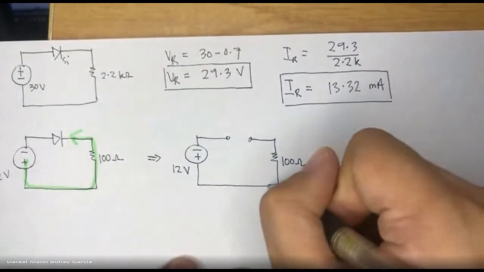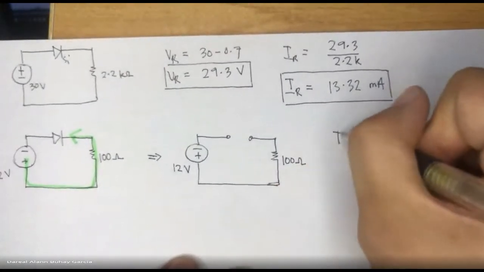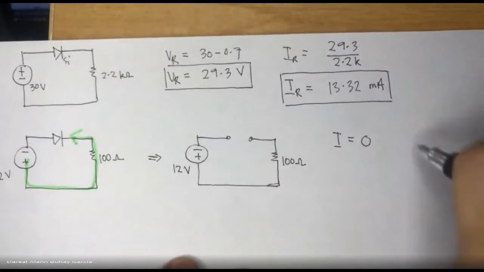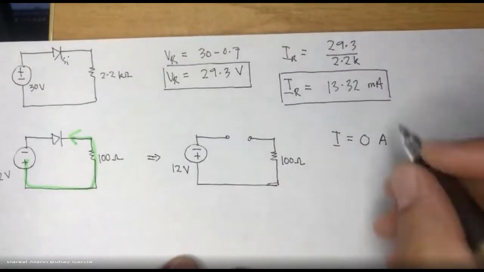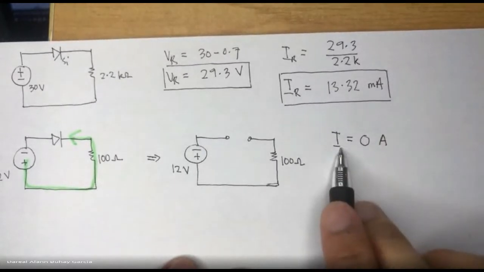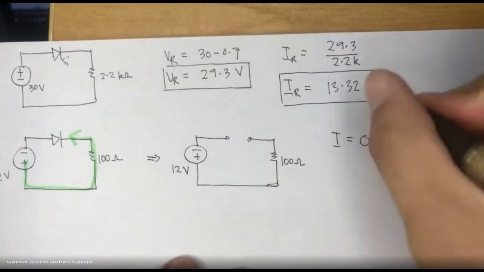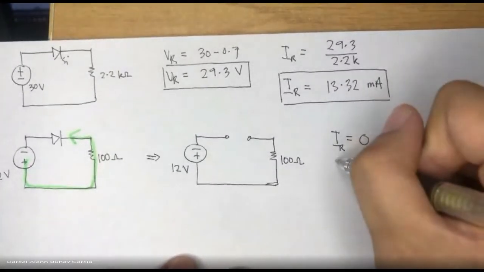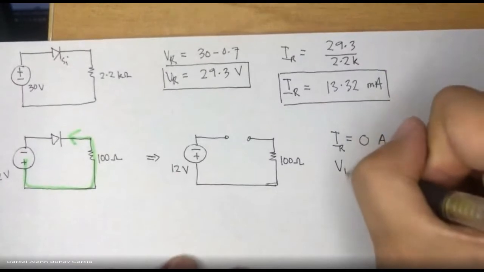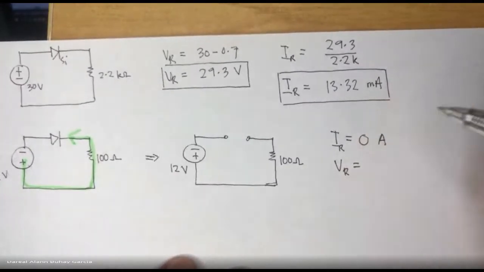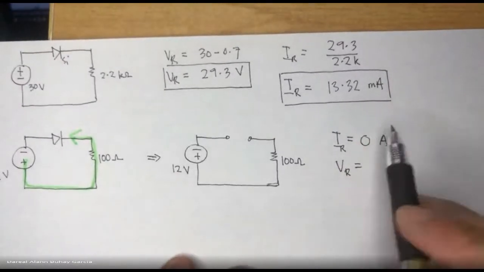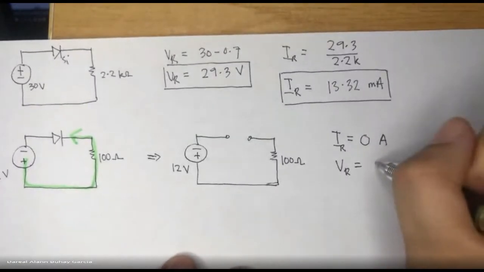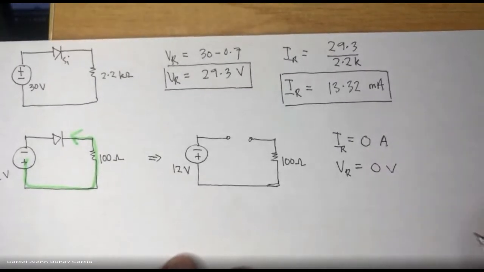So, at this point, we could conclude that current is equal to 0 amperes. Because current is equal to 0 amperes, this is the current of the whole circuit. This could also be the current of our resistor, meaning the voltage of our resistor is also 0. Okay? V equals I times R. I is 0, R is 100, 0 times 100 is 0 voltage.